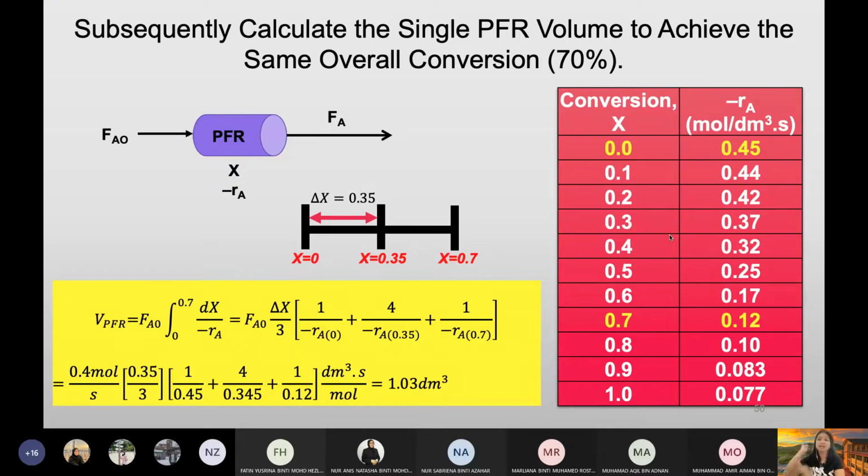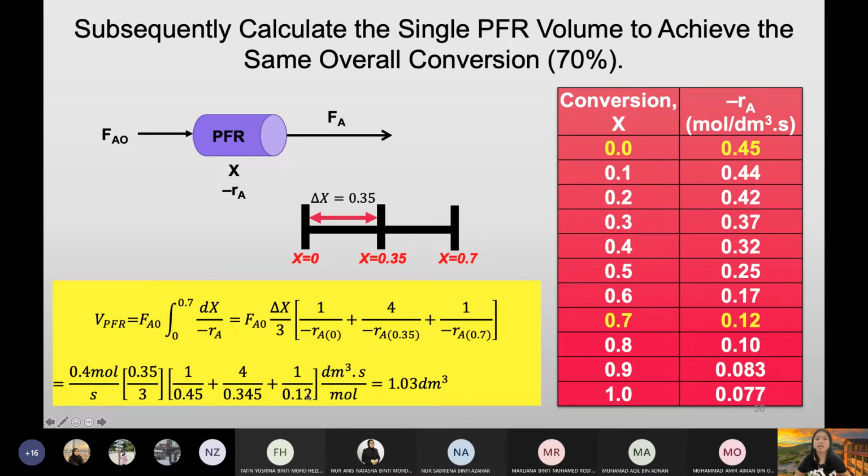But in this case, we interpolate, and you get minus RA at 0.35 as 0.345. Plus 1 per minus RA at my final conversion, which is 0.7, which is 0.12. So you calculate, you get the volume 1.03.